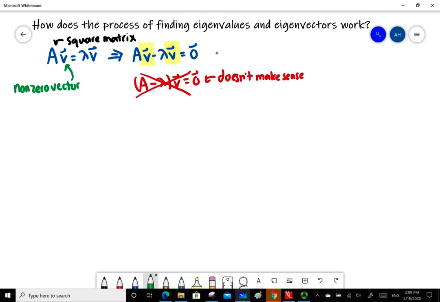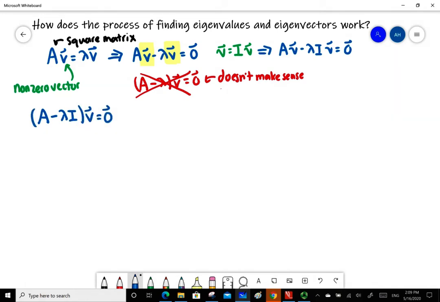Instead, I can write that V equals the identity matrix times V, using that the identity matrix times any matrix is just that same matrix again, and then rewrite the equation as AV minus lambda IV equals 0. Now when I try to factor V out, I get (A minus lambda I) times V equals 0, which does work because I'm subtracting two matrices of the same size now.